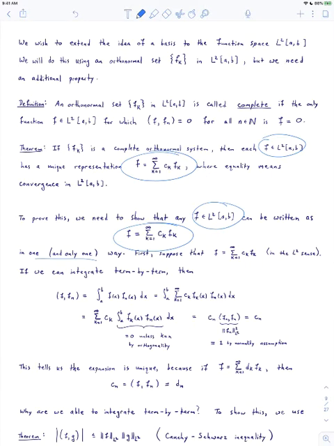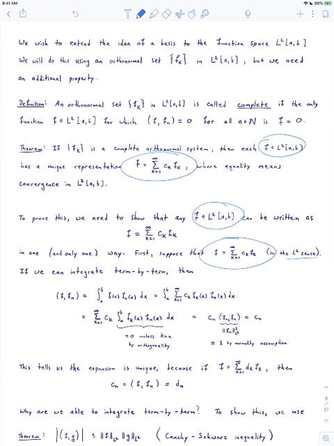We want to show that it has a sum like this, and that sum is unique. So, first, suppose that f has a representation in this way, in the L2 sense. When I say in the L2 sense, I just mean that this series converges to f. So let's assume that f has a series representation. So we claim that this is a unique representation.